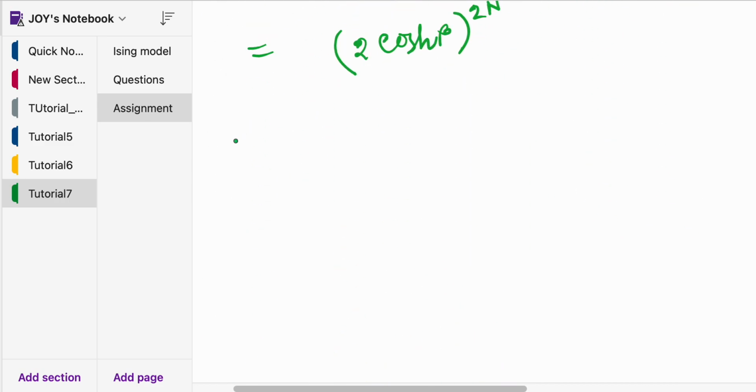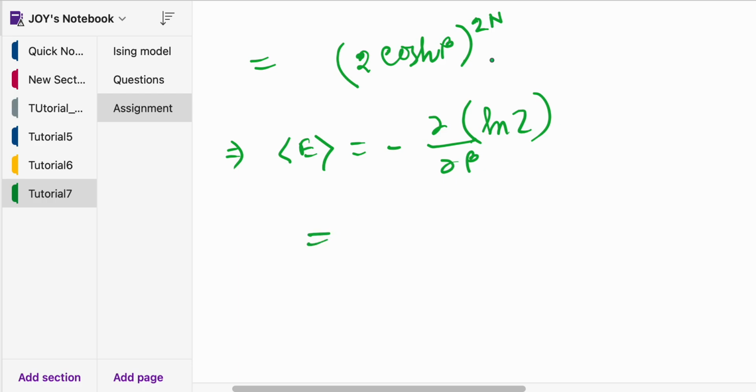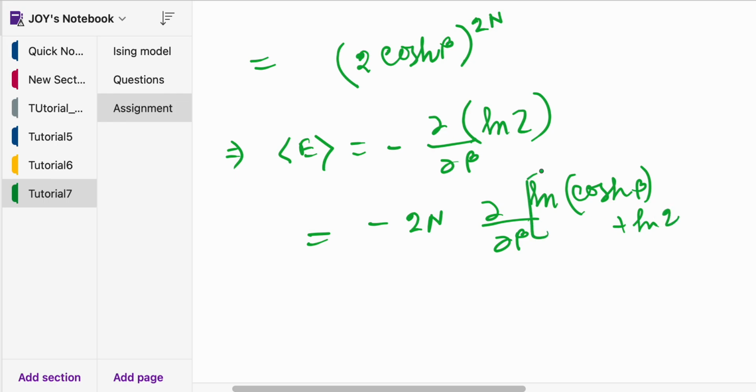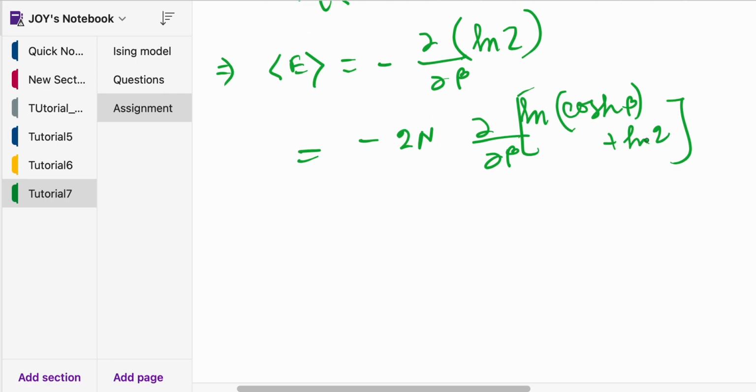Find the average energy. We know that the average energy is nothing but minus del beta of ln Z. If I take ln here, the 2n comes out, and the first term will be ln 2 and the second term will be ln cos hyperbolic beta. This ln 2 term will cancel because it is a constant.